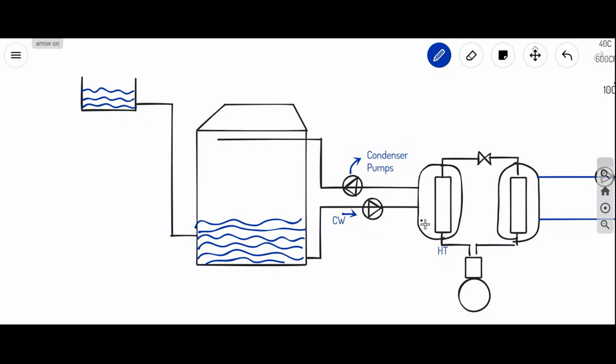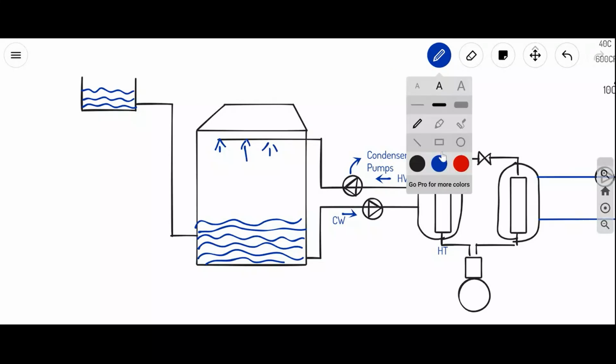Heat exchange happens: hot refrigerant becomes cold refrigerant, cold water becomes hot water, right? Hot water is pumped back. Then we throw this water in the form of tiny water droplets, like a spray. So we'll have an axial fan here.